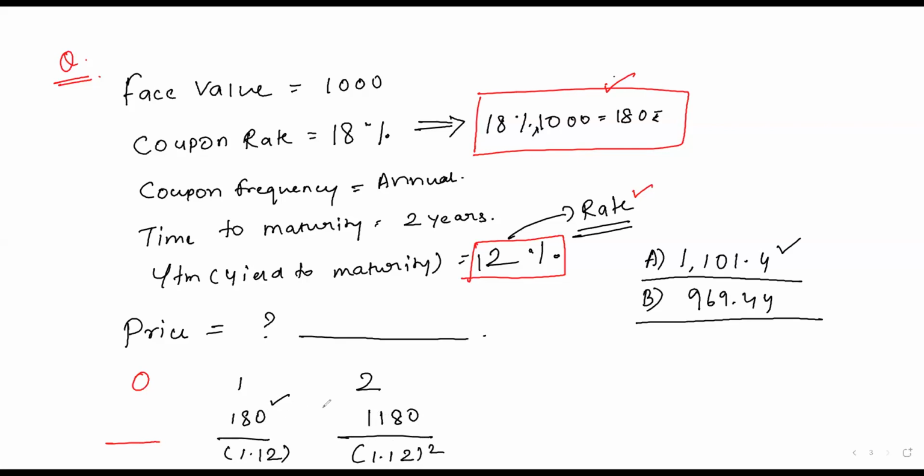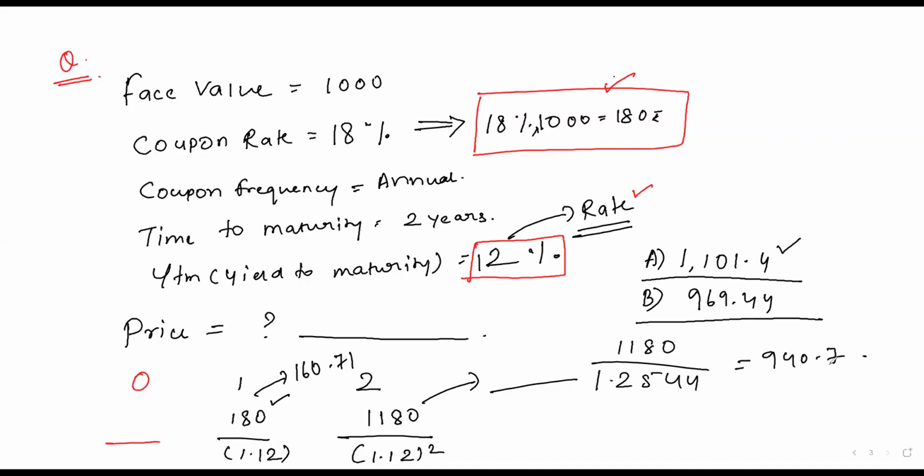So what is 180 divided by 1.12? It's 160.71. And what is 1180 divided by 1.12 squared? Ideally, first find out what is 1.12 squared. 1.12 into 1.12 is 1.2544. 1180 divided by 1.2544 gives you 940.68, that is around 940.7 rupees.